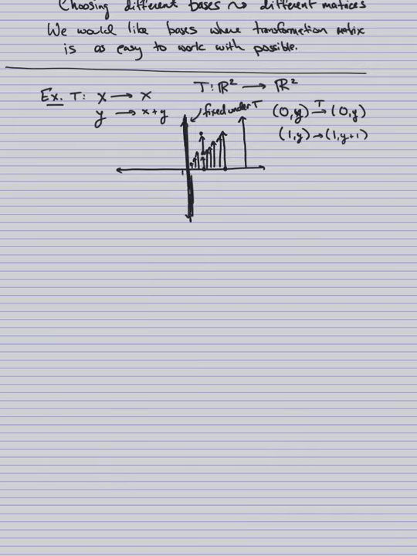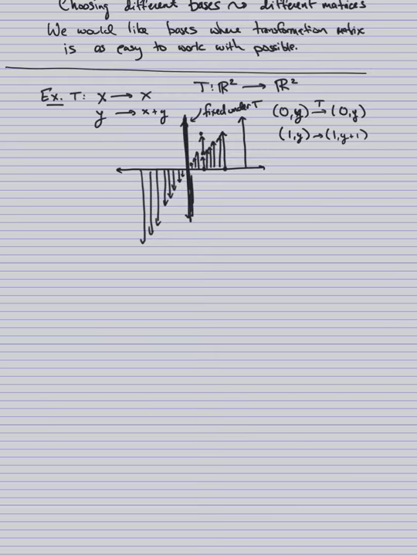Similarly, if you're in the negative coordinates, then you push farther and farther, depending on how far away you are from the y-axis in the negative direction, but now you're pushing negatively. So that's what this transformation is doing. It's shearing things upward or downward, depending on whether you're negative or positive.